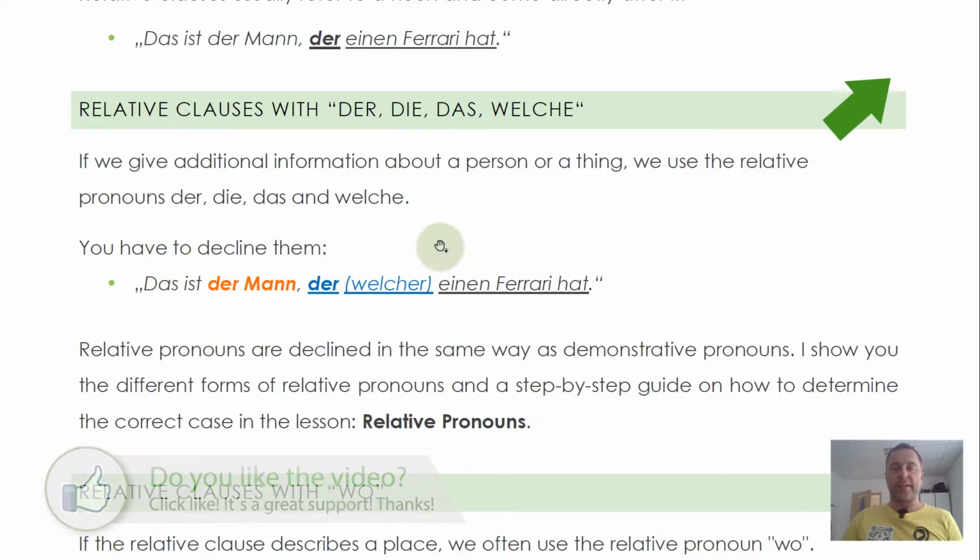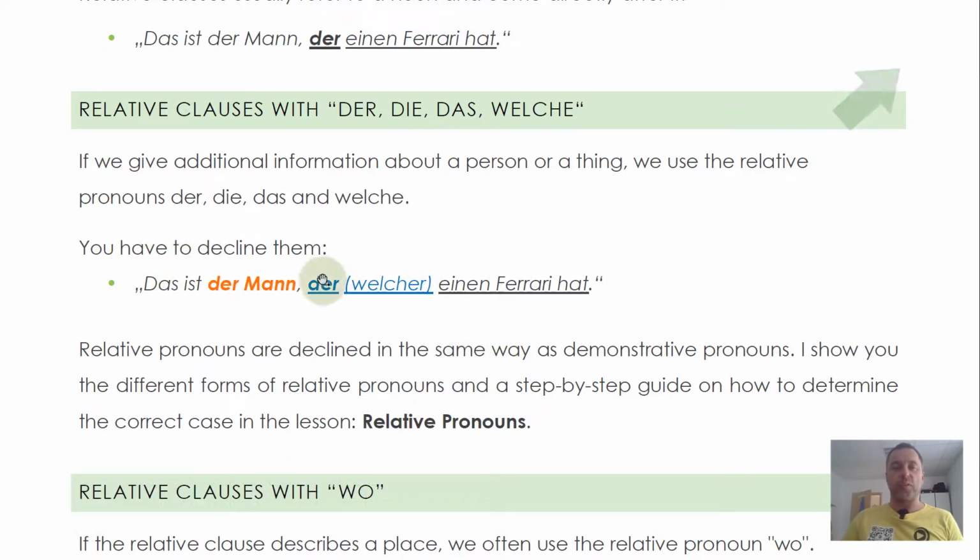So first here, let's start with the default one. Here, the ones that just look like the articles. So the der, die, das, you know, from der Ferrari, die Frau, der Mann, das Haus, und so weiter. So here we have those exact same words as relative pronouns as well. Here we have it taken apart a little bit.